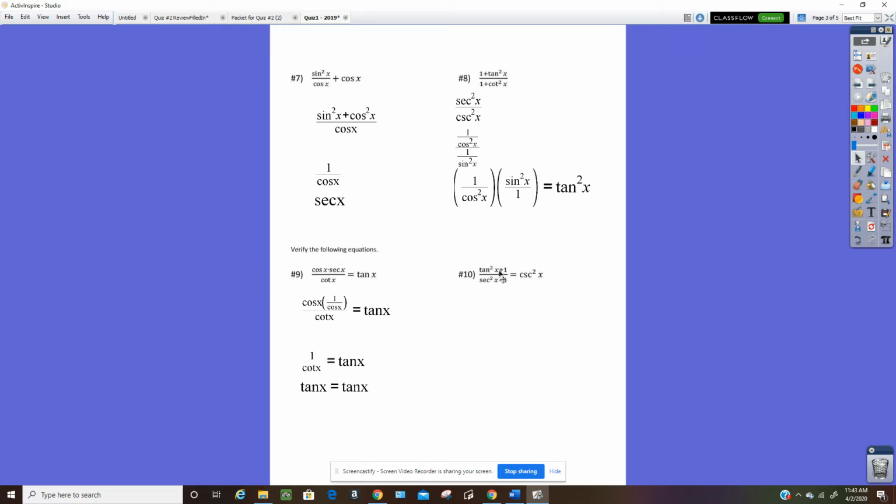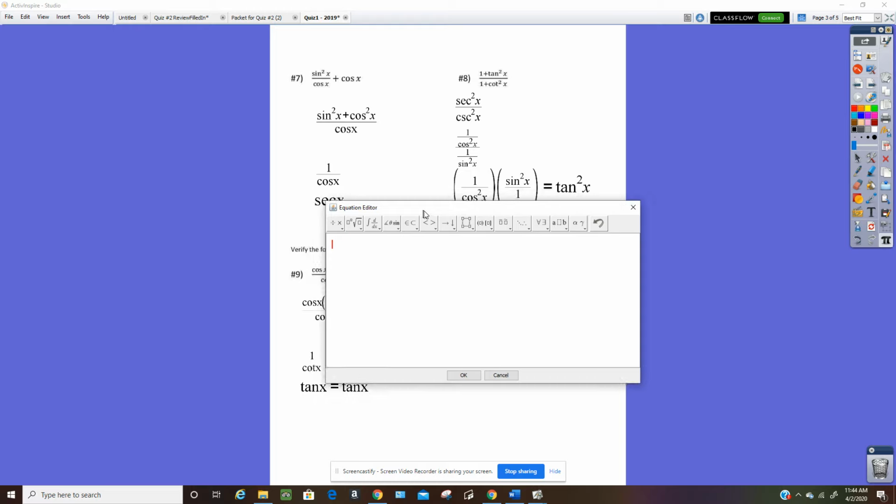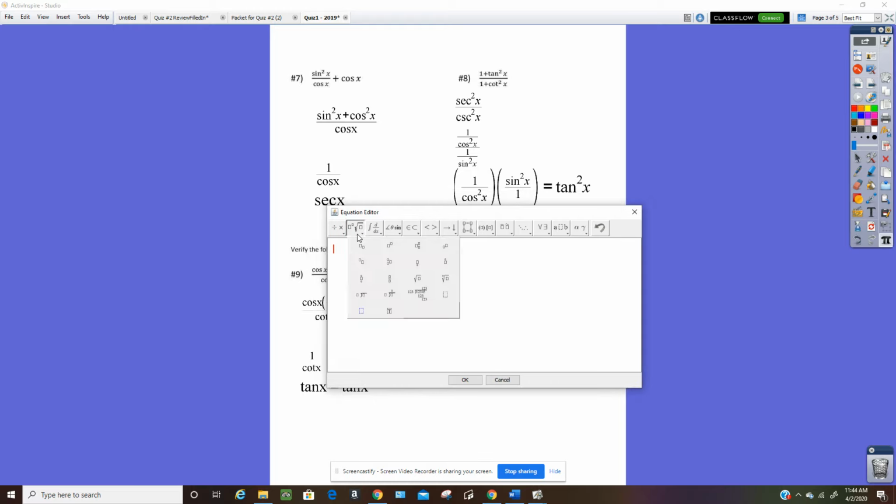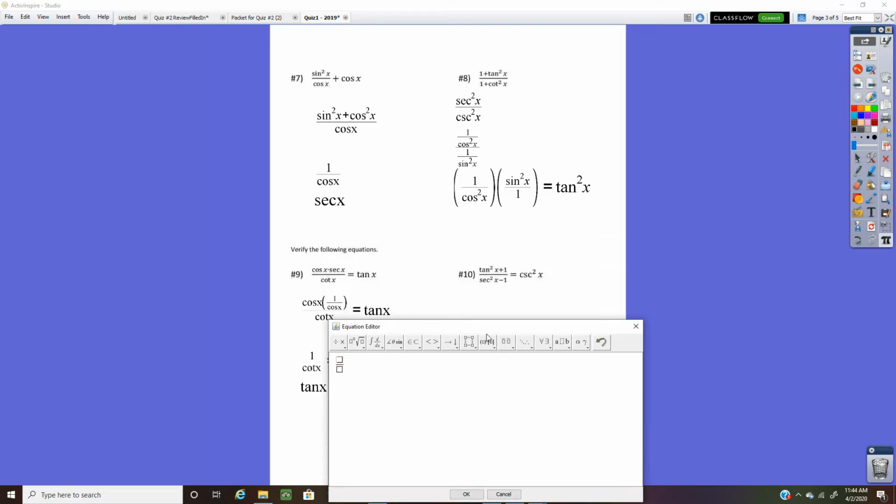And then doing this problem, if I just look up here, I see that 1 plus tangent squared is secant squared. So this is secant squared x.